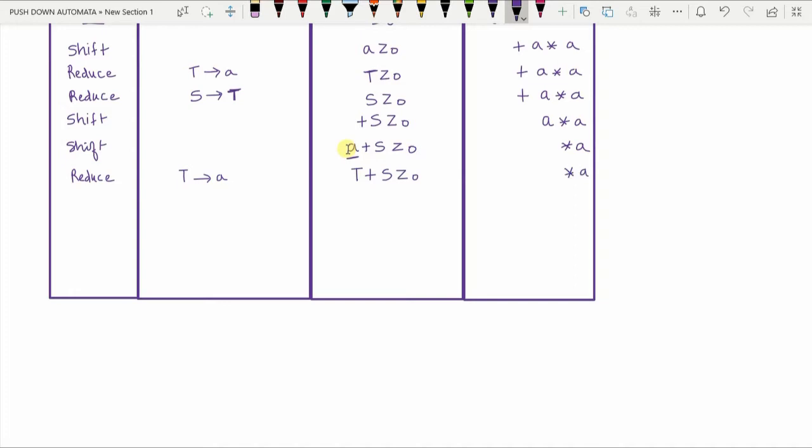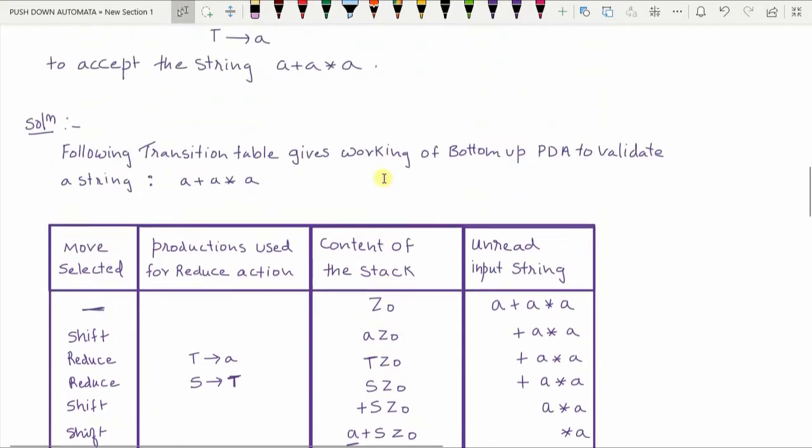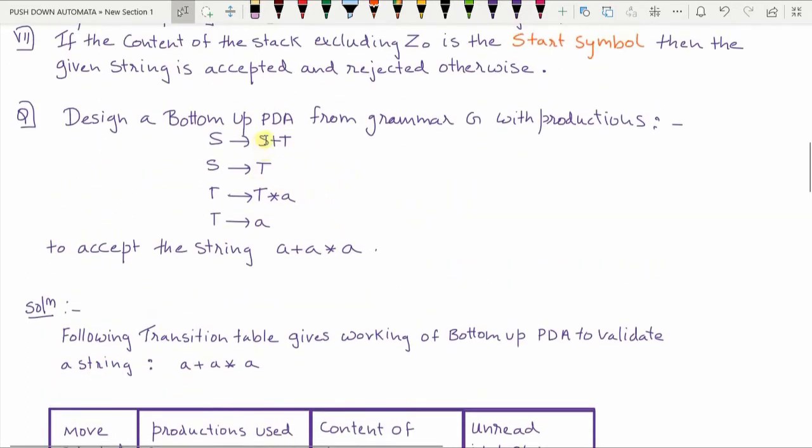A. Now you have to be very careful while solving these kinds of PDAs. As you can see, when you read this input S plus T, you are going to search whether S plus T is on the right hand side, and yes, for this production S plus T is on the right hand side.